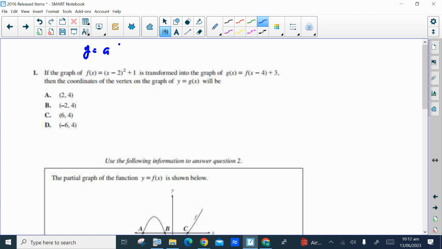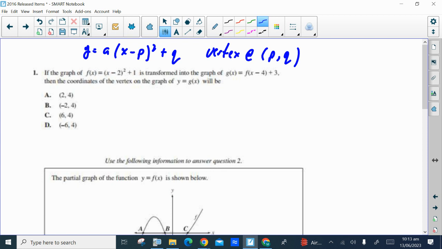It was y = a(x - p)² + q. You might remember that we used a process called completing the square to go from general form into this vertex form. But what it told us was where the vertex of the quadratic was. It was found by the values of p and q.